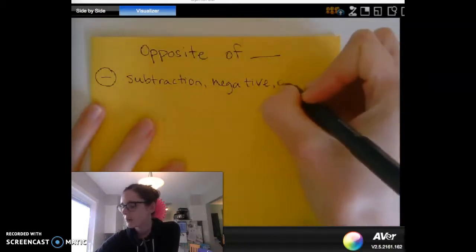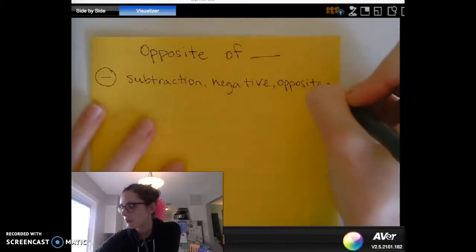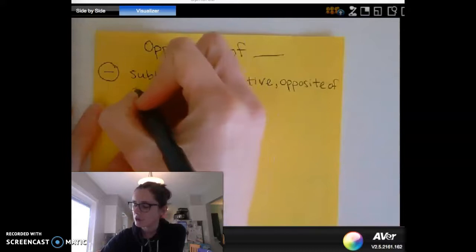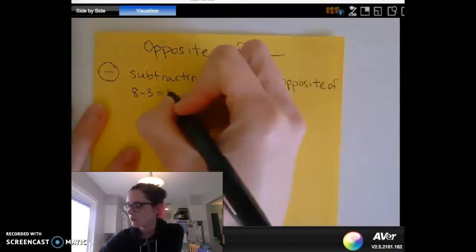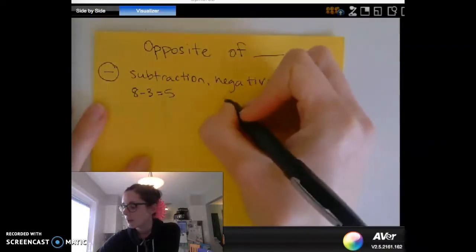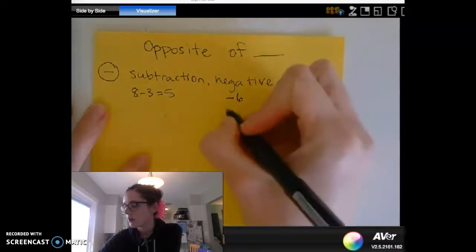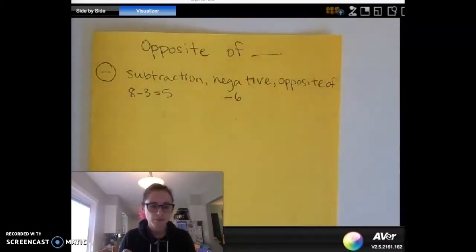And it can also mean the opposite of something. For subtraction, we did 8 minus 3, which equals 5. We did a negative number, which is like -6. And then we'll do the opposite of in a little bit.